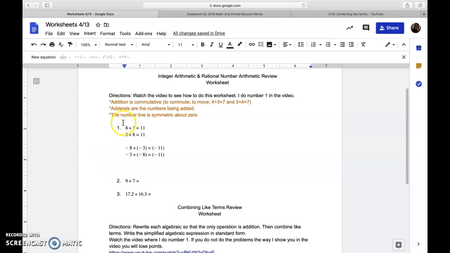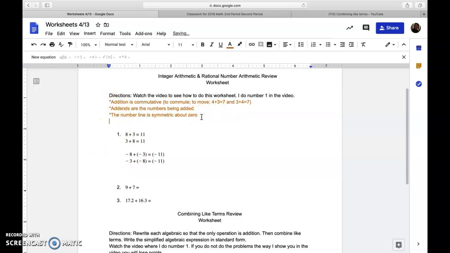And from there, you're going to use another property that we've talked about. And the property is that subtracting a number is the same as adding the negative of that number.